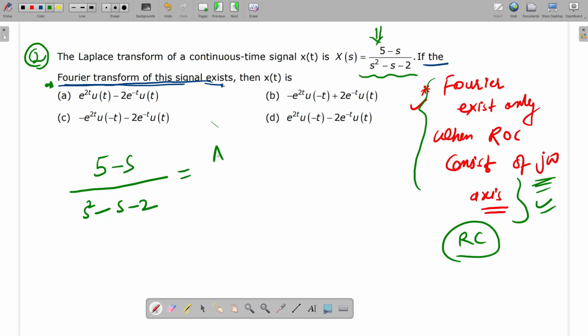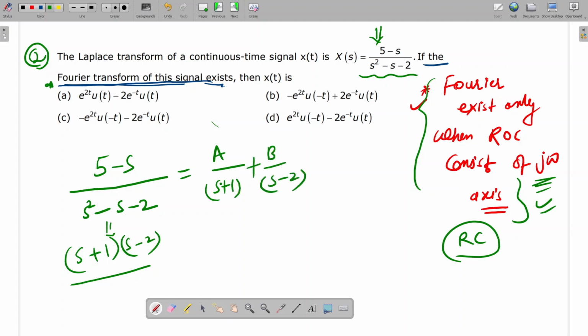So s square minus s minus 2 we can factorize as (s plus 1)(s minus 2). Is it correct? Yes, sir. So A by s plus 1 plus B by s minus 2.